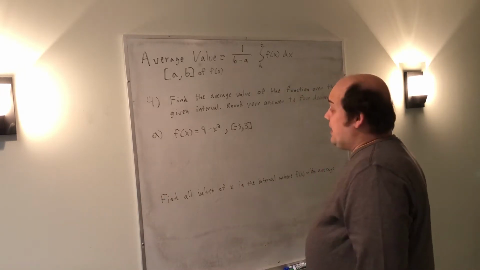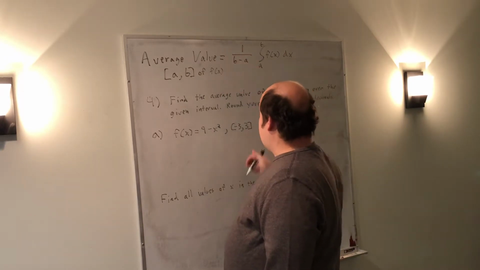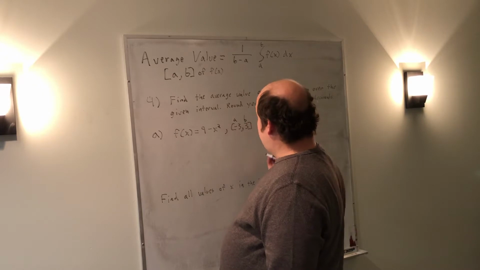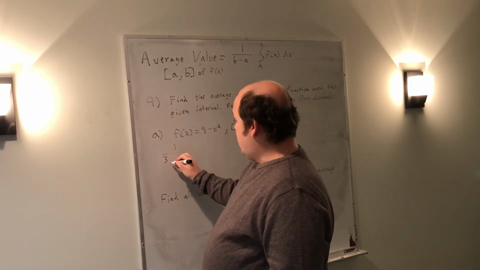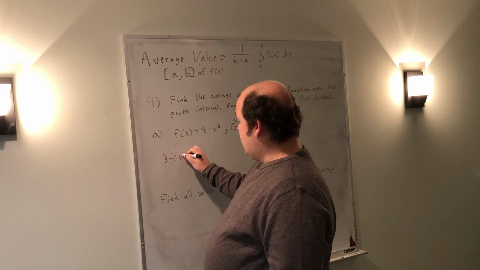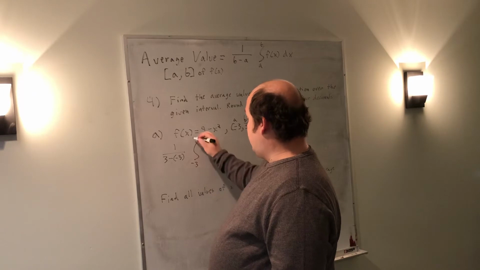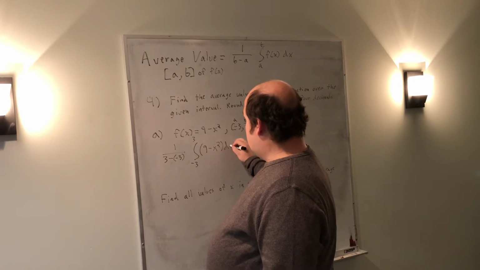So where we're going to begin is by setting up this integral. 1 over b minus a, in this case b is going to be 3, a is going to be negative 3, so it becomes 1 over 3 minus negative 3. The integral from negative 3 to 3 of f of x, 9 minus x squared, dx.